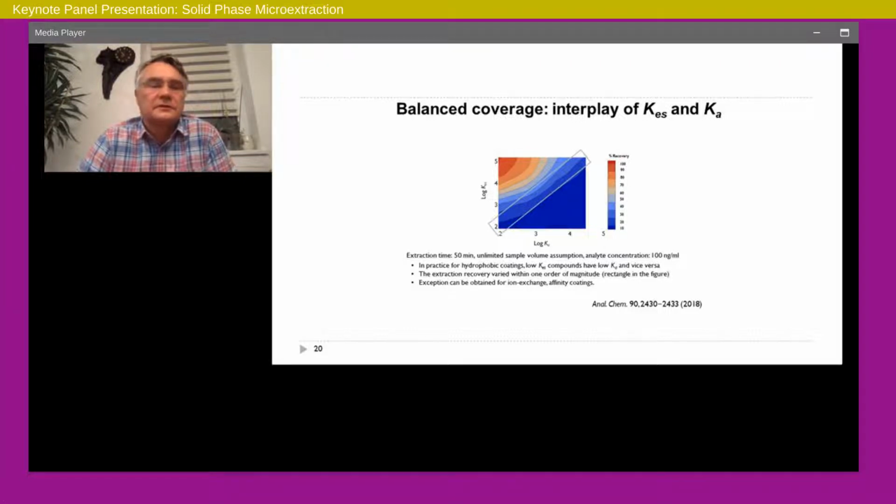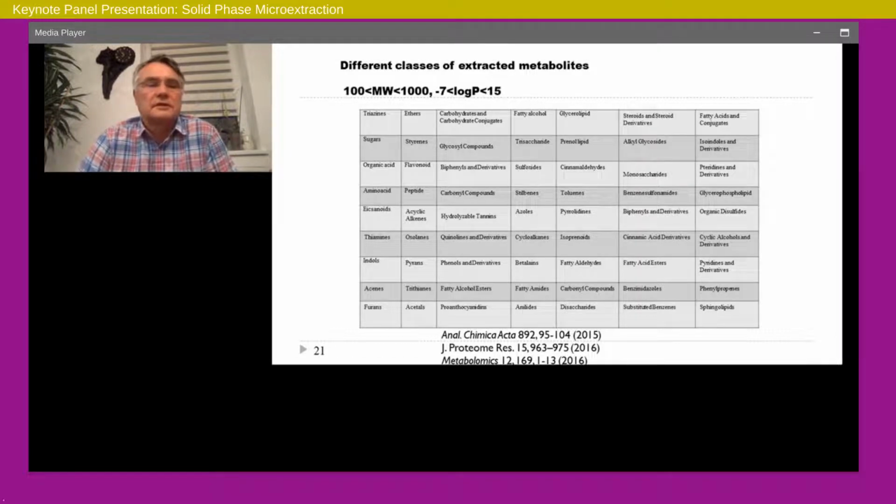That means if the compound is very polar, ionic, it will not be extracted by a hydrophobic type of extraction phase, even a very polar one. So basically, because of this competing binding, you have this so-called balanced coverage, and you can extract a range of compounds very effectively.